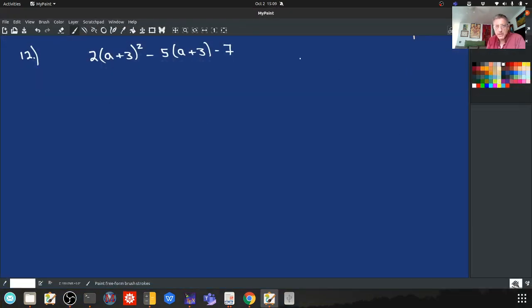Now here I'm going to do a variable substitution. I'm just going to declare for the entire world, let, and you can choose your variable, but you don't want to choose A. Let W equal A plus 3. It might be a good idea to put it in parentheses only for pattern matching.